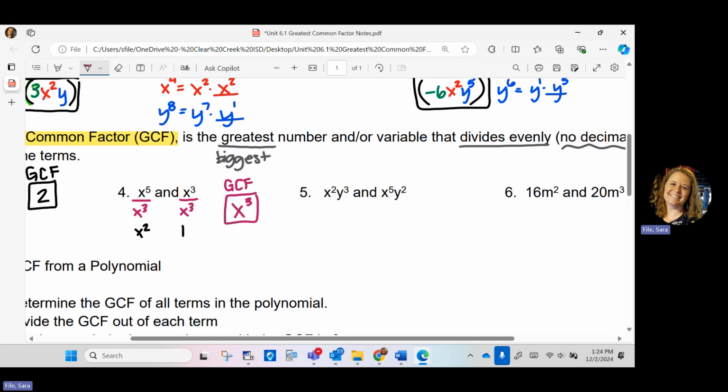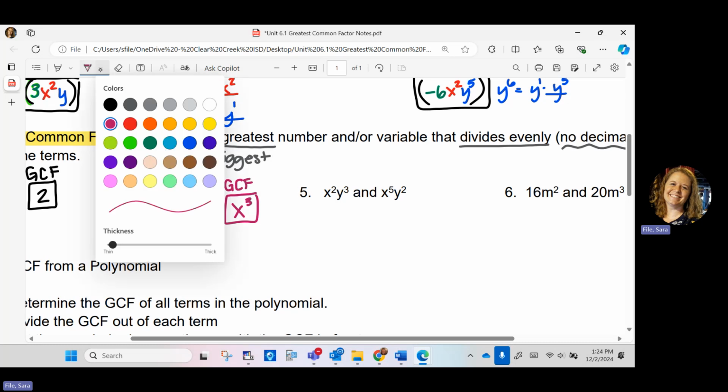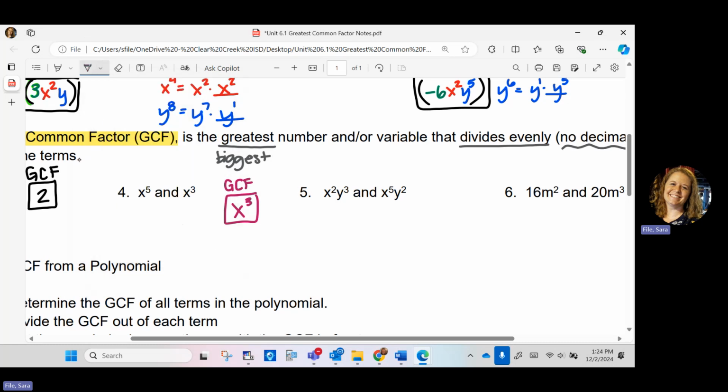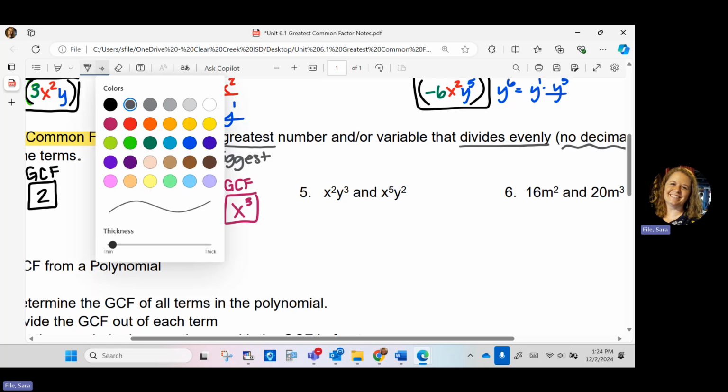If it helps when you're dealing with variables, if you don't remember those exponent rules, you can write out how many x's there are. If I have x to the 5th, that means I've got 5 x's being multiplied.